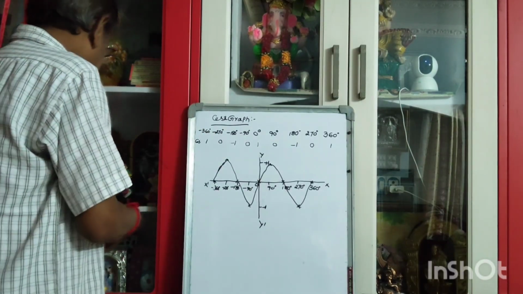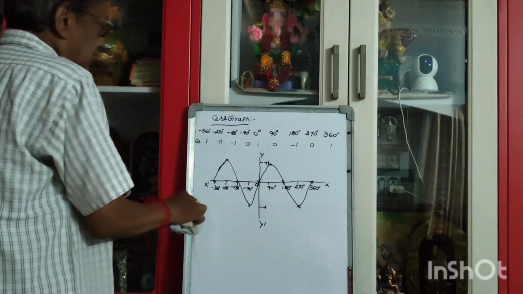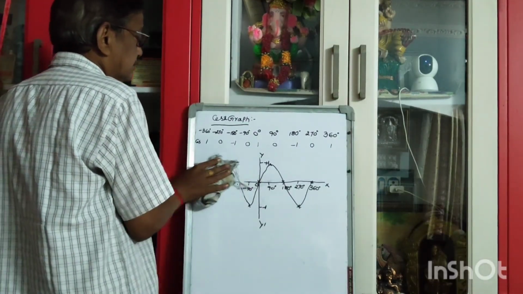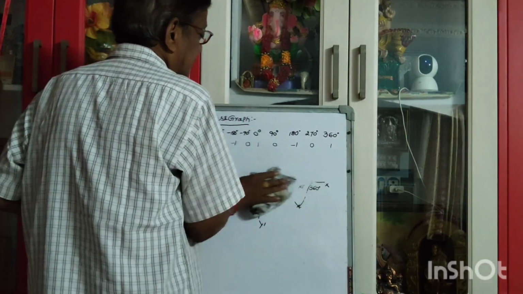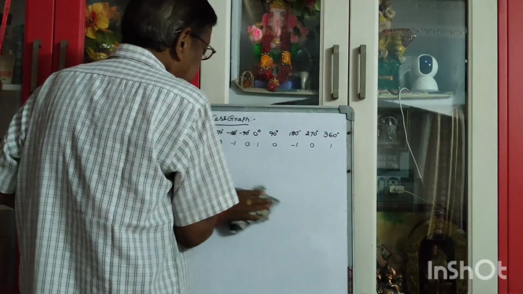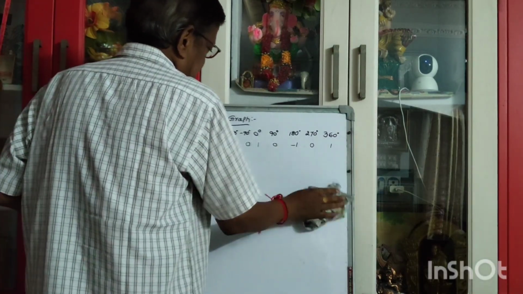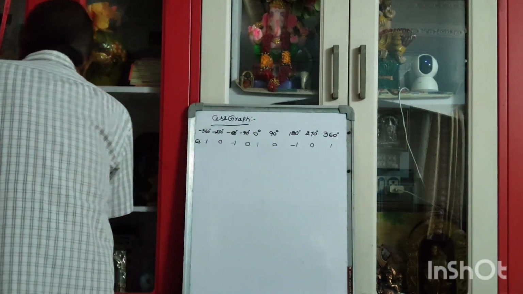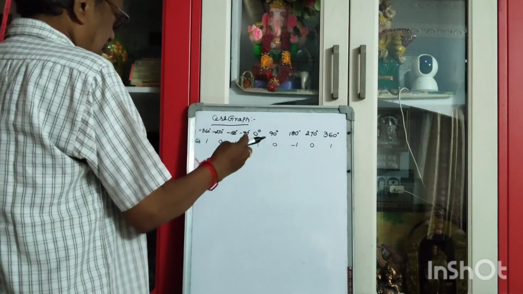Now we will draw the cos x graph. If you observe, the sin x graph passes through origin.